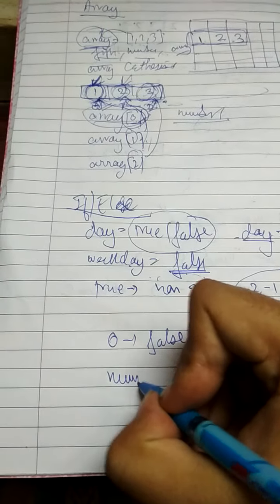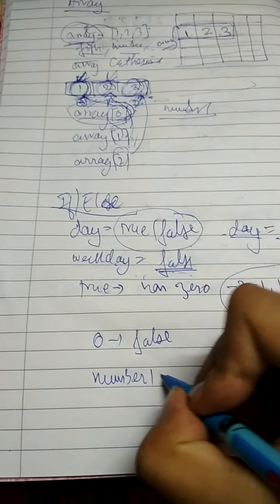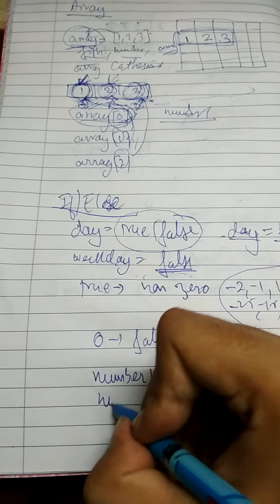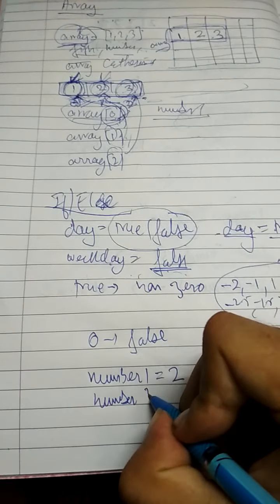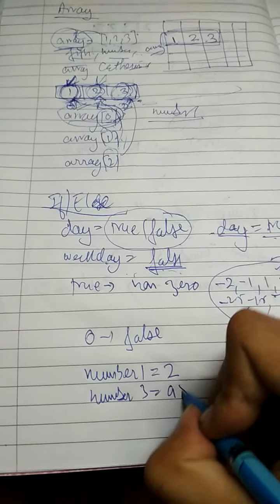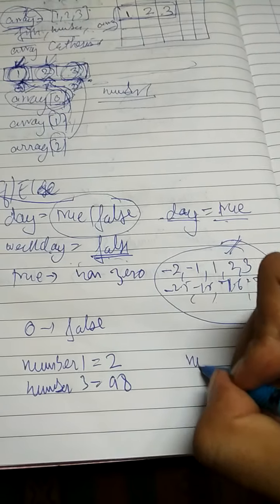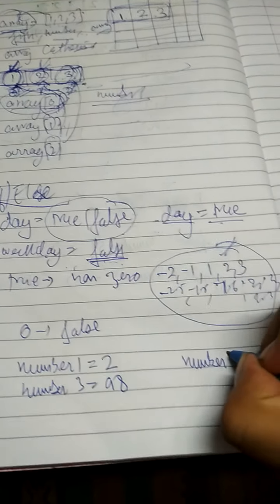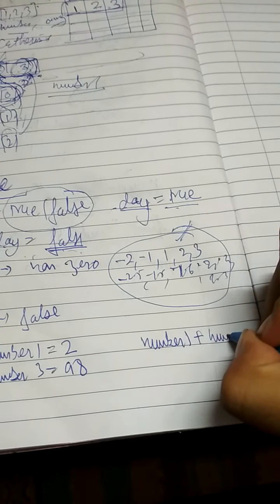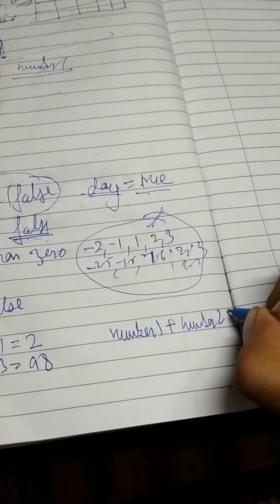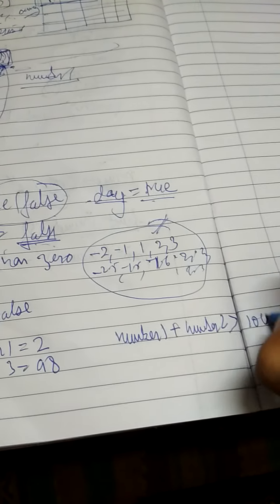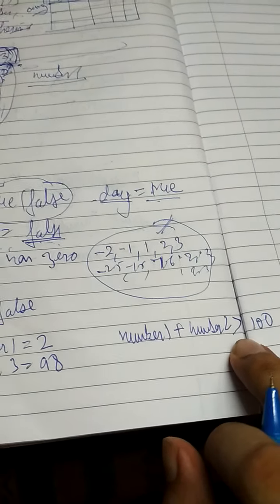So if we have number 1 is equal to 2, number 3 is equal to 98. Let's see, number 1 plus number 2 greater than 100. Is it true or false?